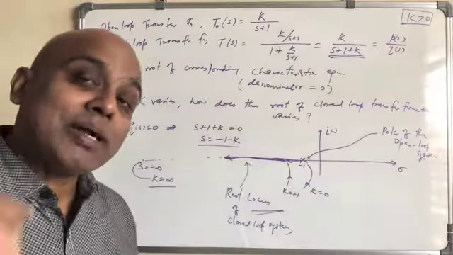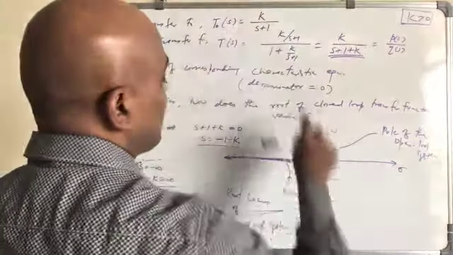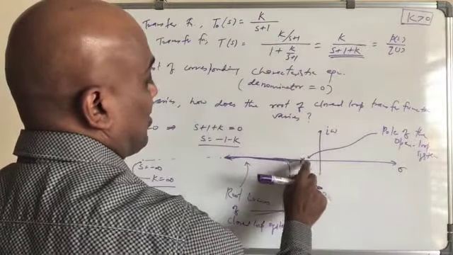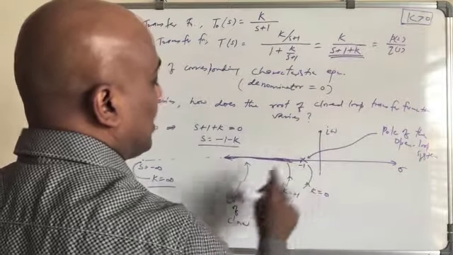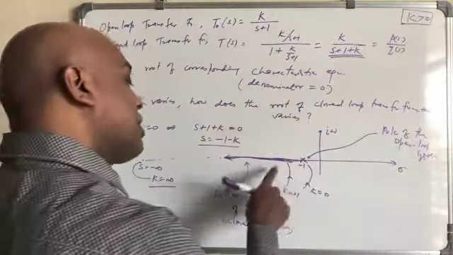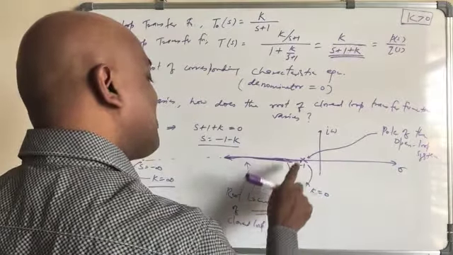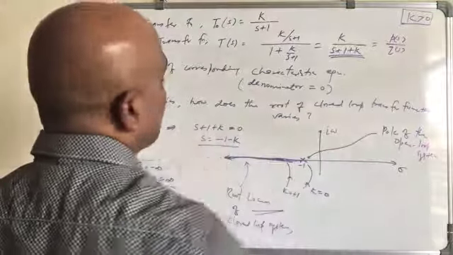That's what I wanted to stress. Just looking at the open loop system, you can find out where the root locus starts. So the root locus will start from the poles of the open loop system.